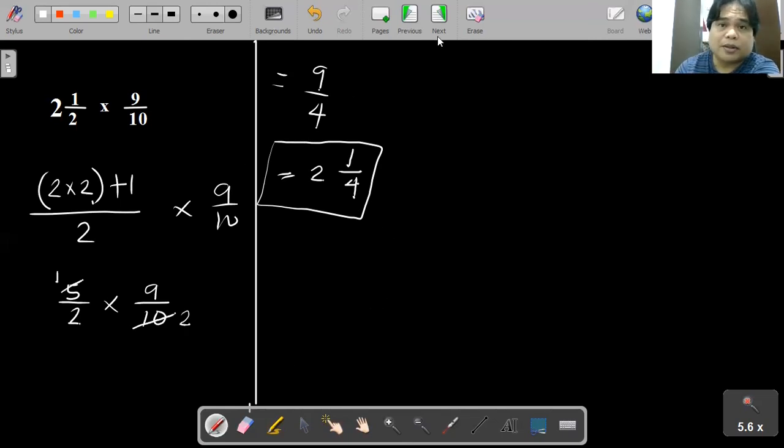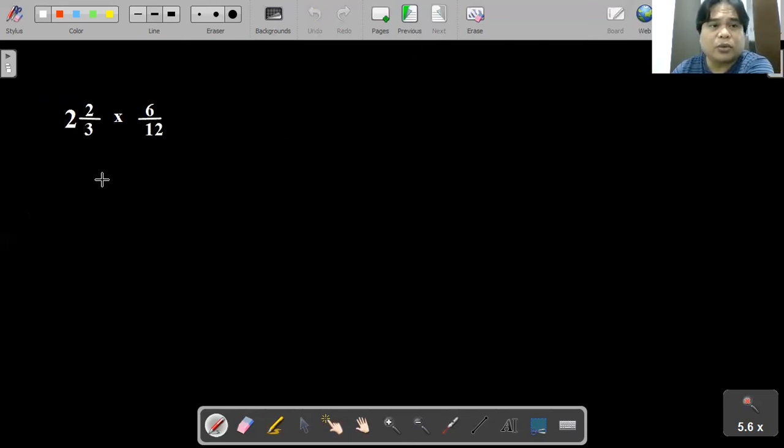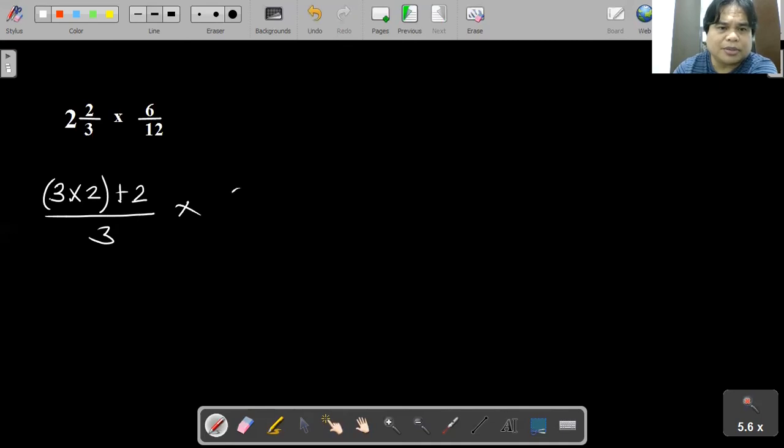Lastly, you have 2 and 2/3 times 6 over 12. Again, multiply the denominator with the whole number and add the numerator, all over 3, times 6 over 12.